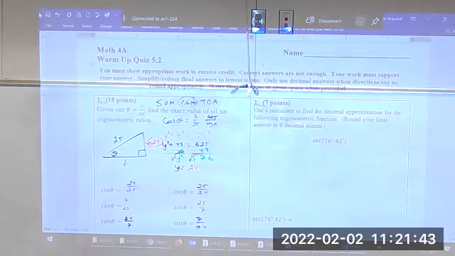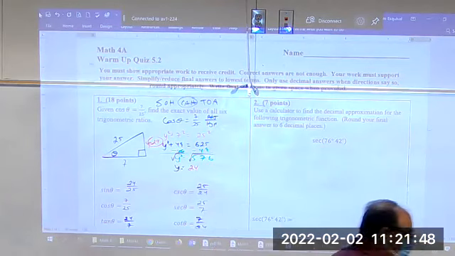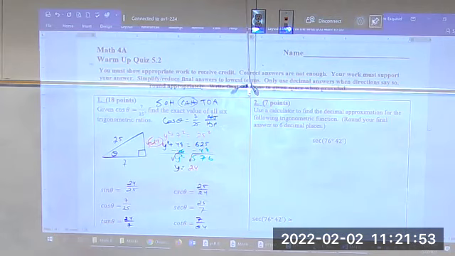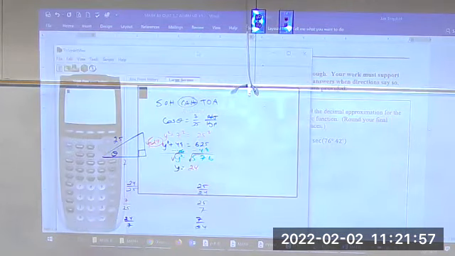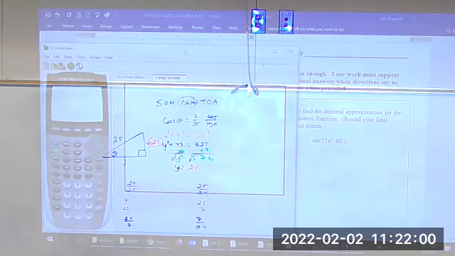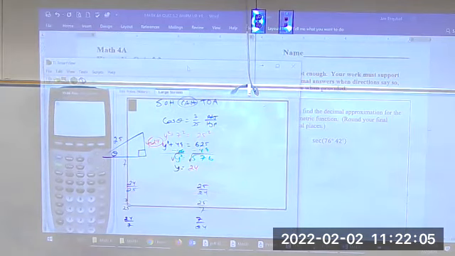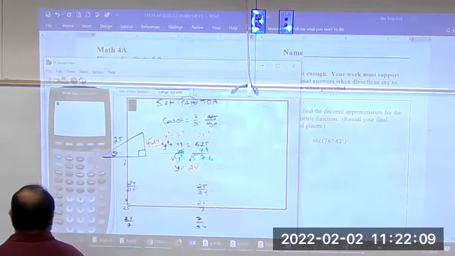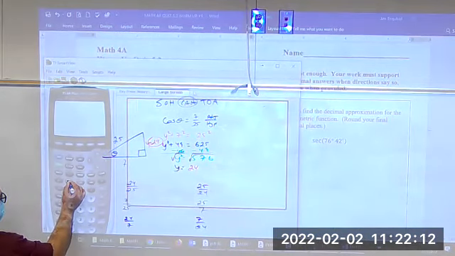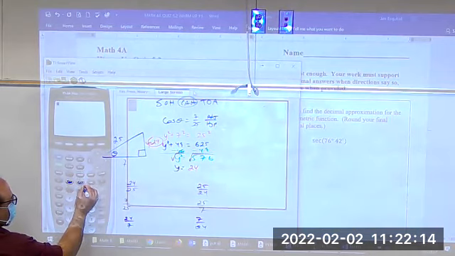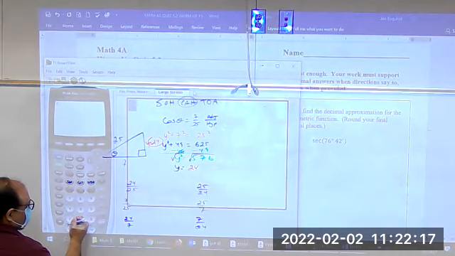All right. Calculator time. On a calculator, the 3 trig functions you have are taking the sine of an angle, the cosine of an angle, and the tangent of an angle.